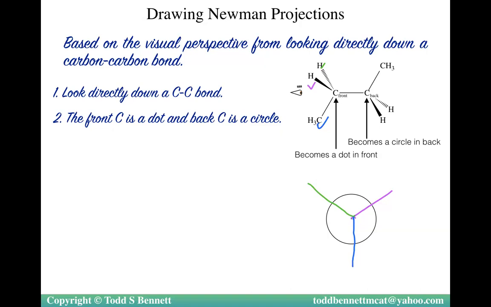On the back carbon, I'm going to have something going down and coming out to the right side. But notice I start at the circle, not at the dot, because it's coming off the circle. I'm also going to have this H in back doing the same thing.